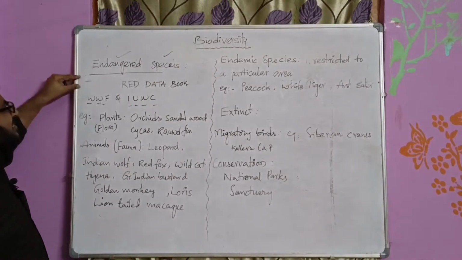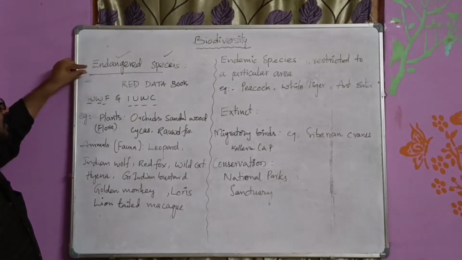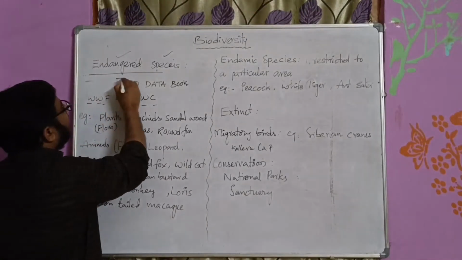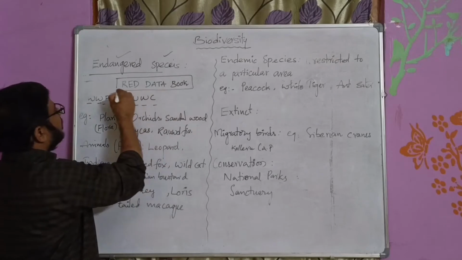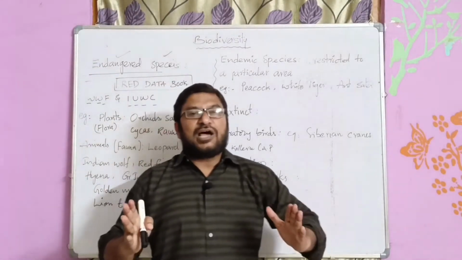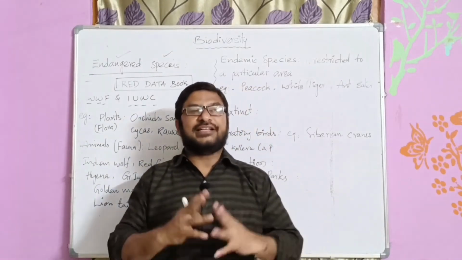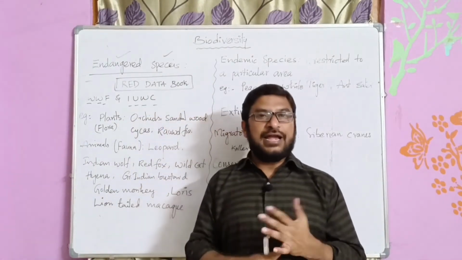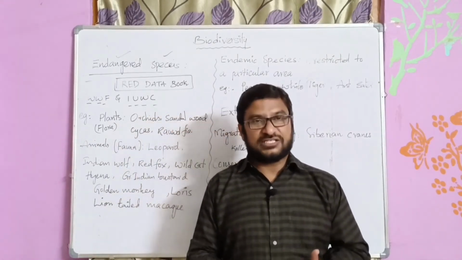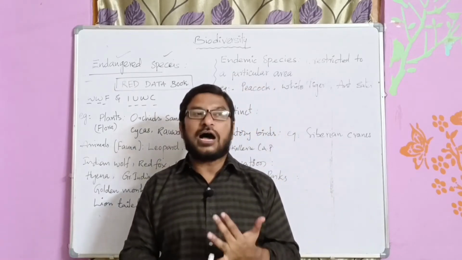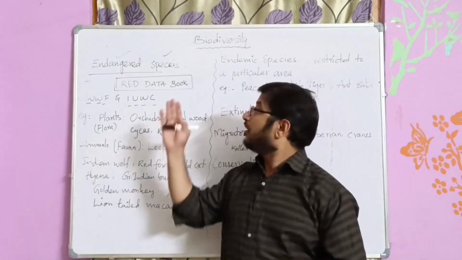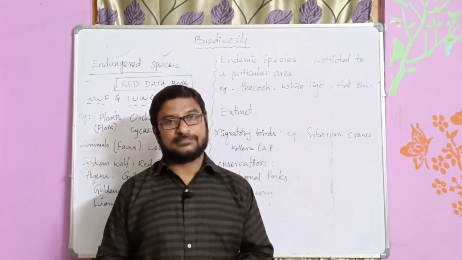The list of endangered species is written in a book called the Red Data Book. There may be a question like this: Red Data Book contains option A, endemic species, option B, endangered species, option C, extinct species, option D, all of these. Your answer will be endangered species, right?